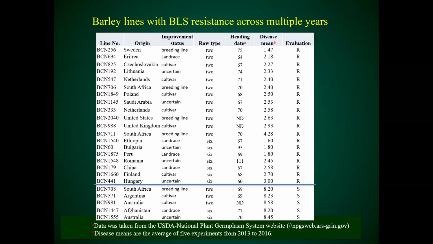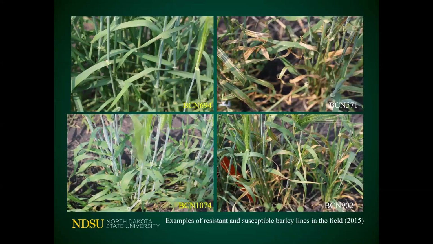The bottom several have highly susceptible reactions. Here is a visual picture of the reaction in the field. You can see this is BCN6094. It's very clean in the field, but the other two lines look highly susceptible. Basically, the leaf is harmed by the disease.